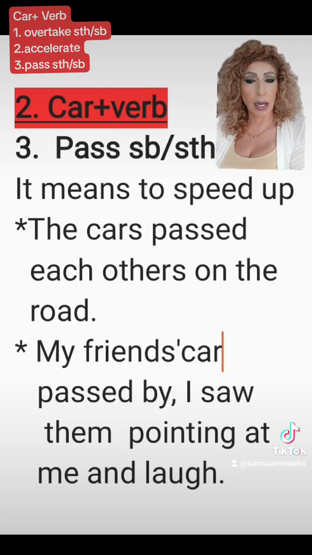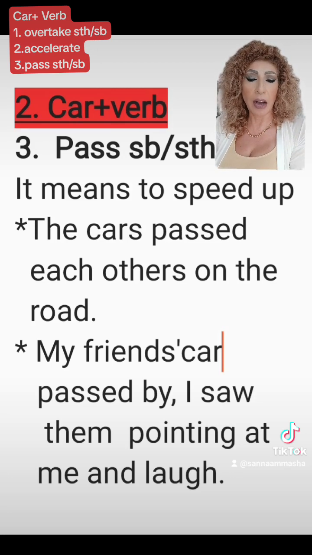The cars is the subject, pass is the verb, each other is the object, and it means all the cars. Here I use the object as something. In the second example, my friend's car passed by. I saw them pointing at me and laughed.